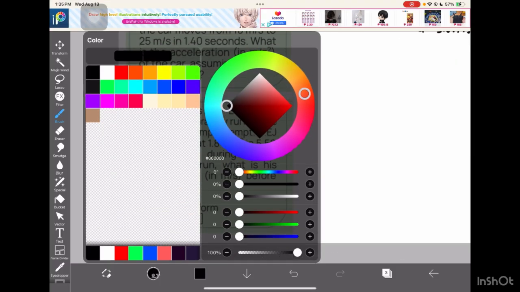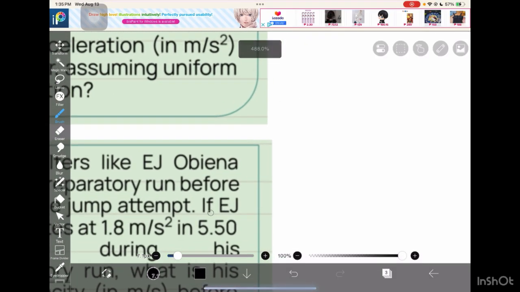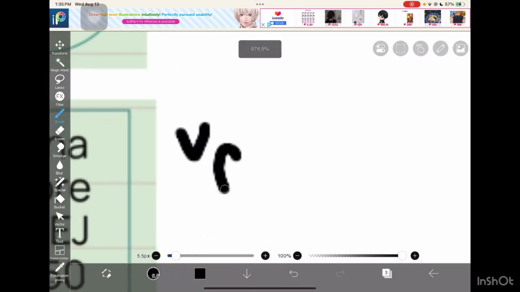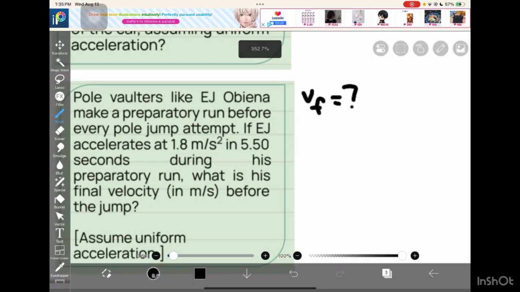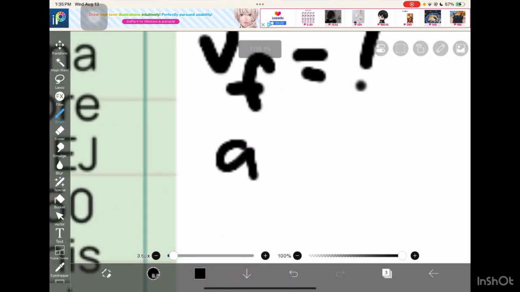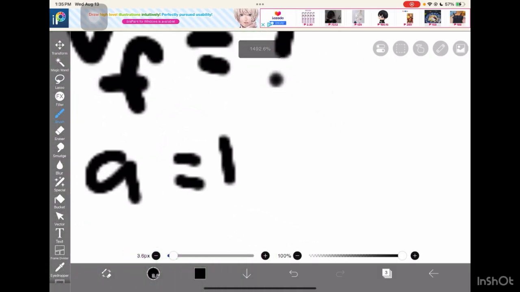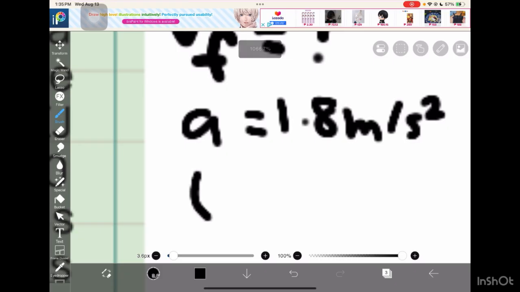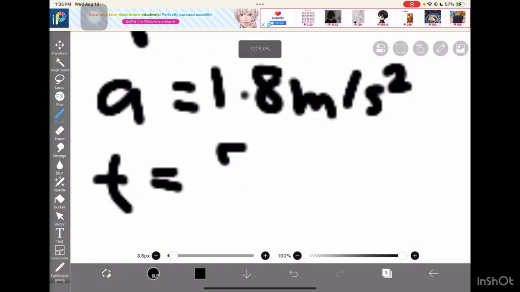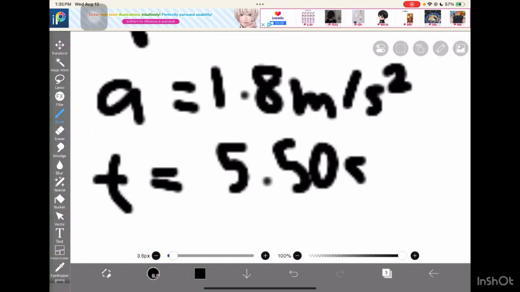It's clear that we don't know the v sub f. But we do know the acceleration, 1.8 meters per second squared, and the time, 5.50 seconds.